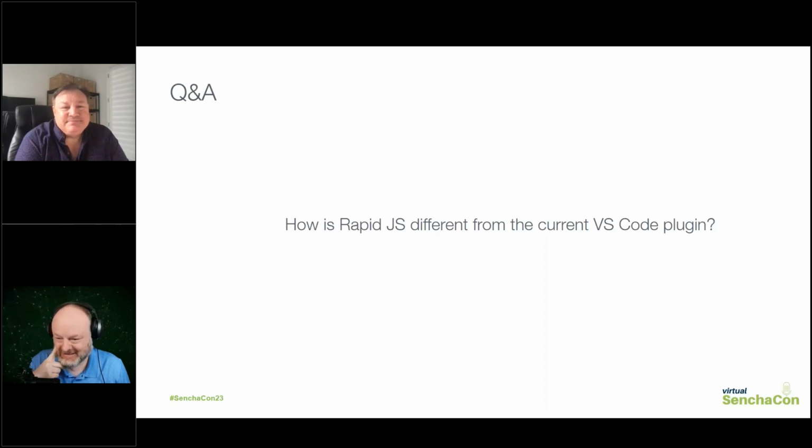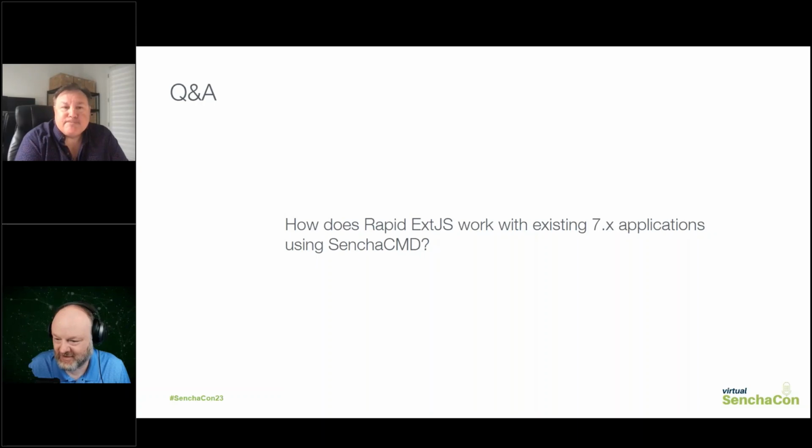So next question is, how does Rapid EXTJS work with existing 7.x applications using Sencha command? Well, it has an ability to bring in an existing application, since the Rapid EXTJS environment understands Sencha command.